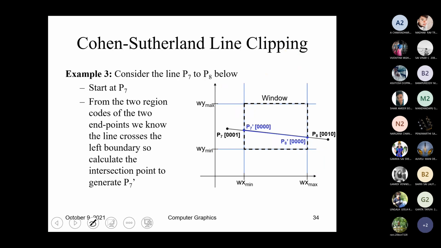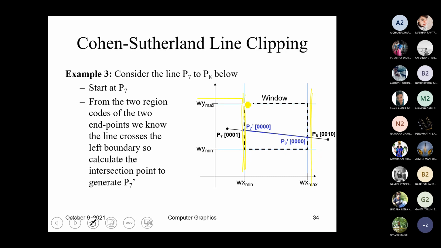Next case. You are going to consider the line P7 and P8. How are you going to do it here? You should find the boundary intersection point. So this will be your intersection point. From the two region codes of the two end points, we know the line crossed the left boundary, so we calculate the intersection point to generate P7.